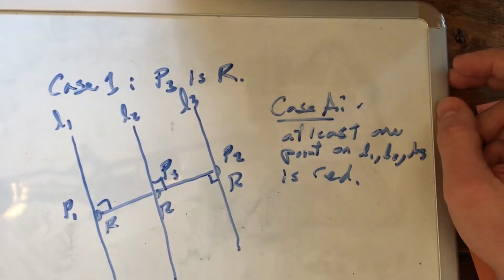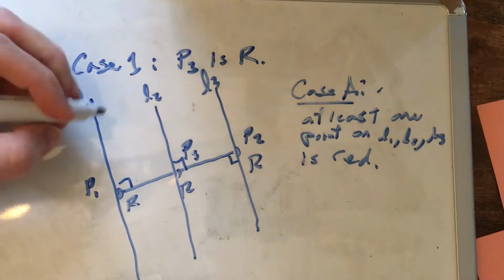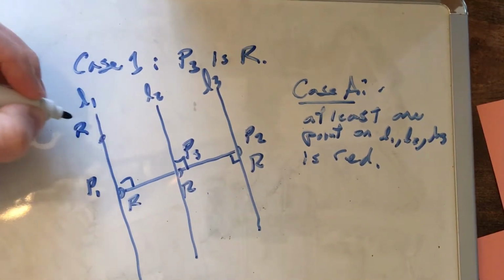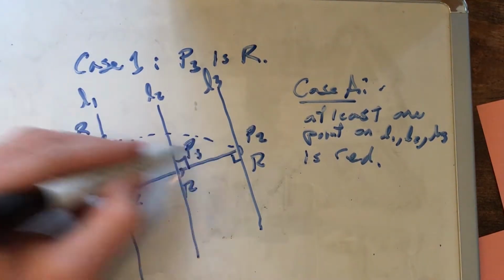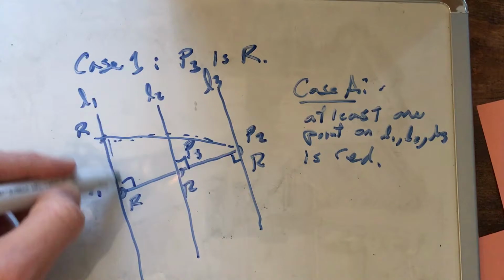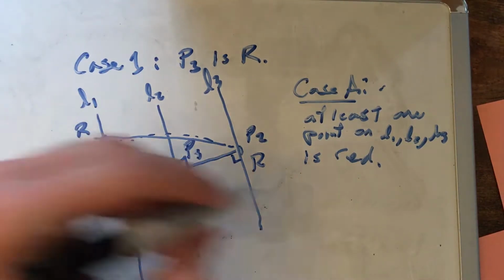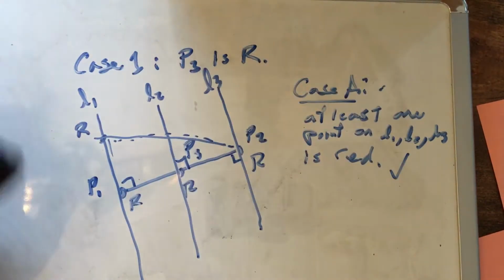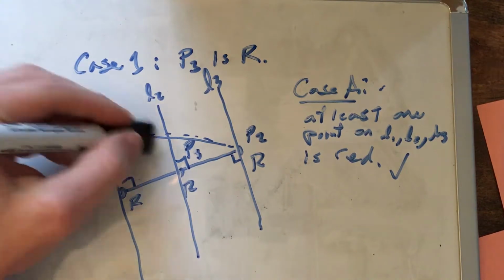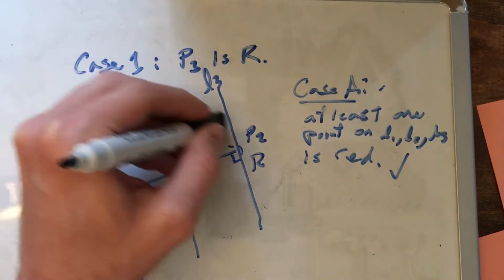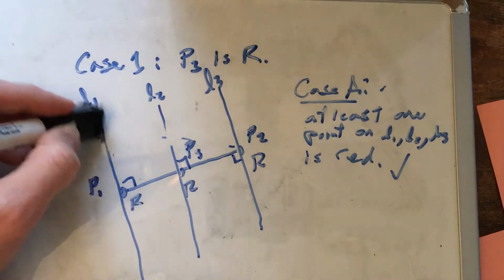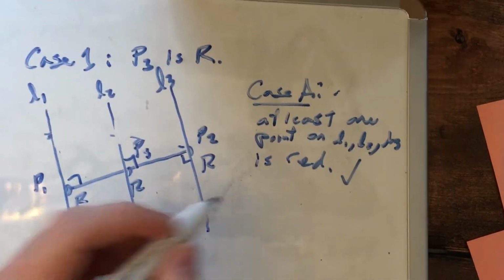In that case, if this point was red, then we could have a right triangle right here, and we're done, right? So case A would be done immediately. Okay, so now let's assume that we don't have case A. So then it leaves us with case B.